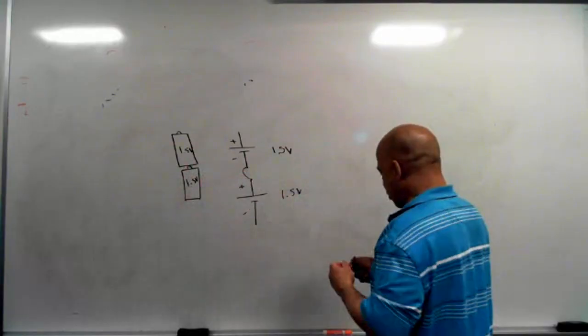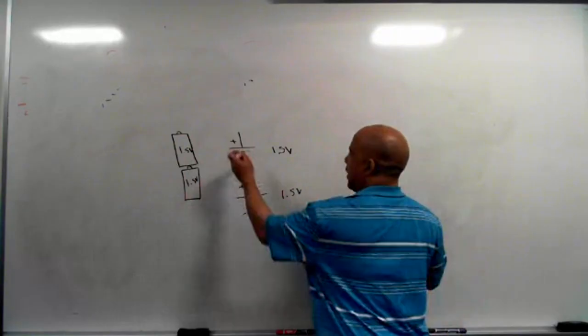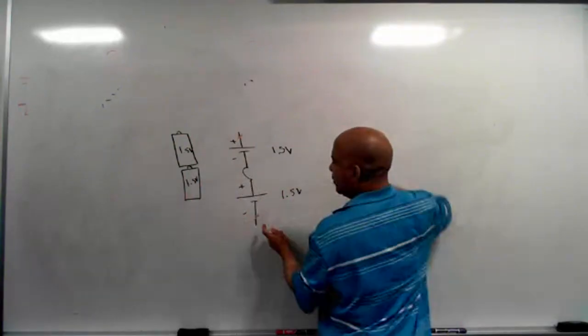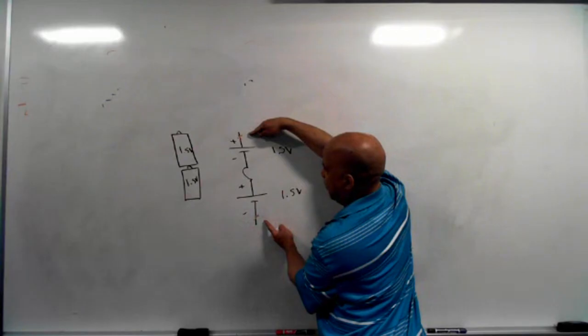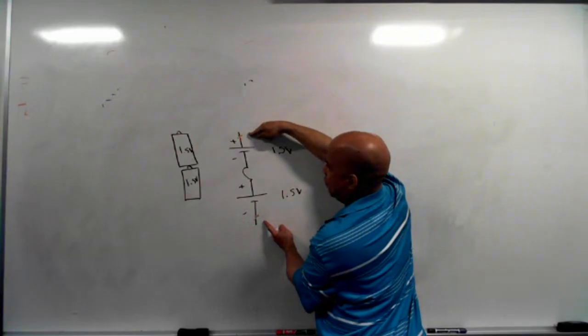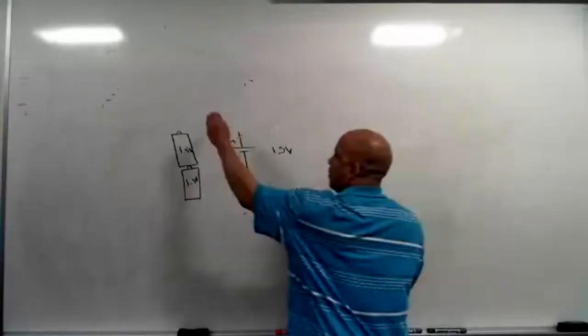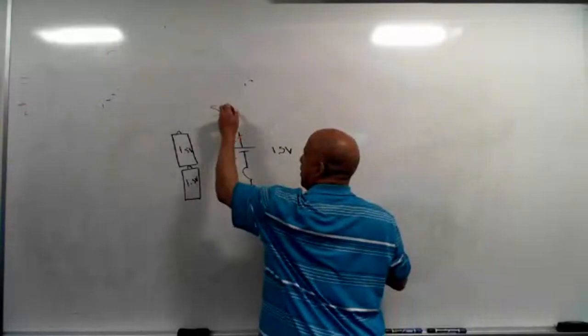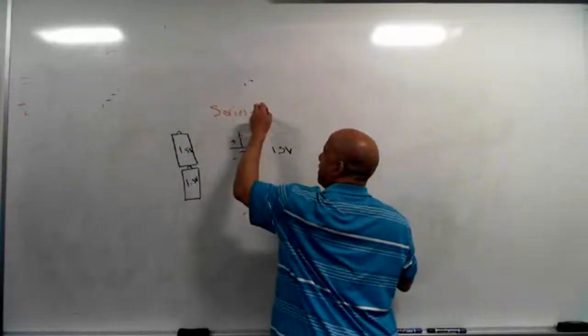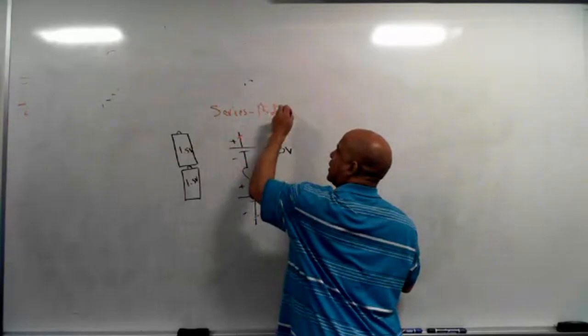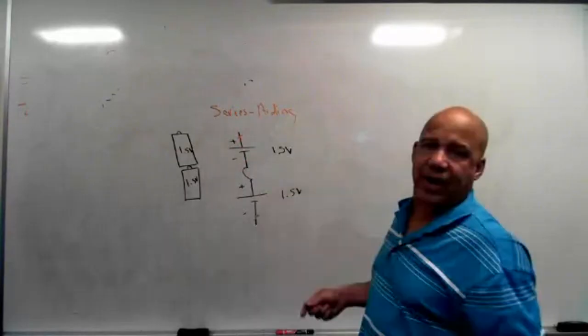So now the total voltage between here and here, what would that total voltage be if I measured it? Three volts. Why? Because it's this voltage plus this voltage. Well, that's what we mean by series aiding. The voltages aid each other, or they add up.